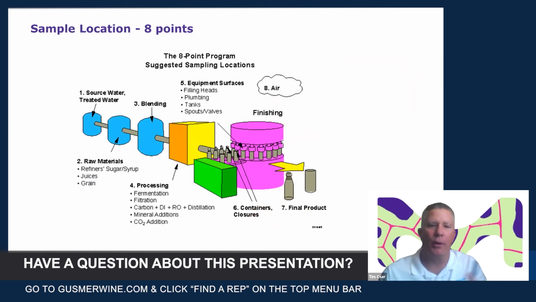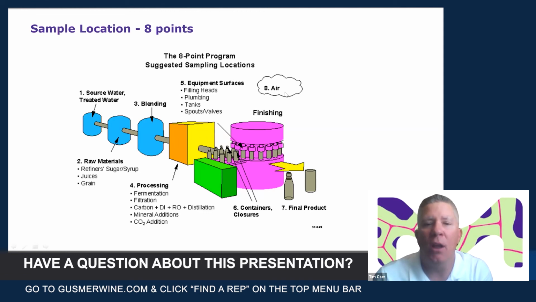And I just wanted to point out, this could be just an easy way of looking at it. You might sample the source water for coliforms. You might look at the raw materials. You might look at the grape juice itself, looking for particular spoilage organisms. And all along the line, you might want to look along the process to see, again, using HACCP, what part are we worried about that contamination can either grow or fill into my bottles and cause spoilage.